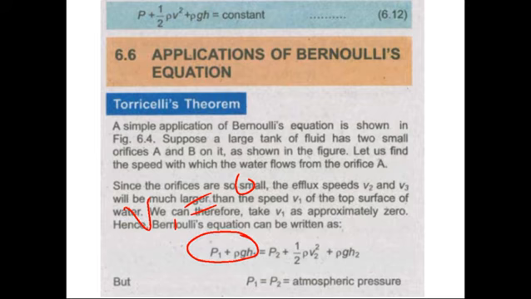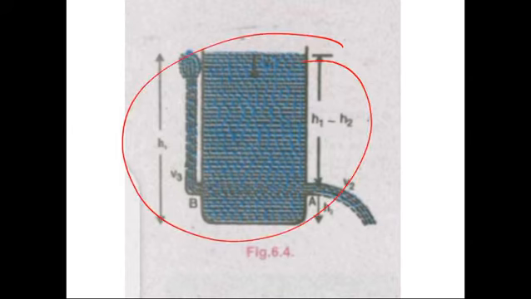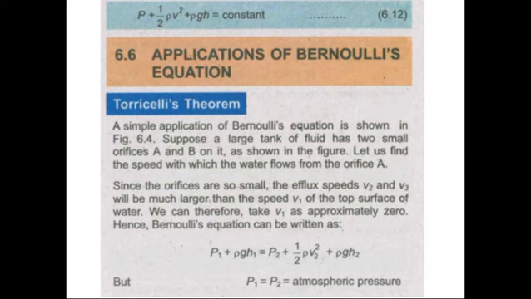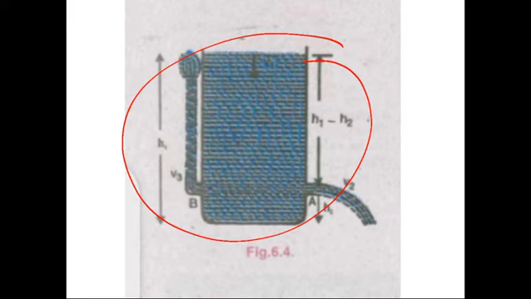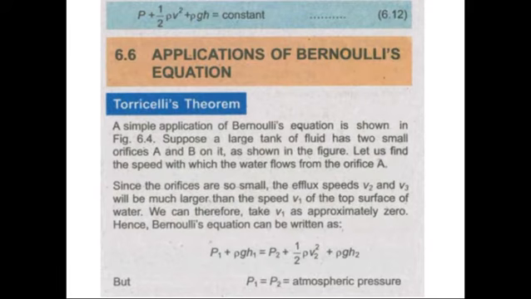So the Bernoulli equation is finally written with atmospheric pressure remaining the same throughout. So P1 is equal to P2 is equal to atmospheric pressure. This is constant. In further solution of this equation, as P1 and P2 are equal constants, they are also neglected, and the left behind term is rho g h1.